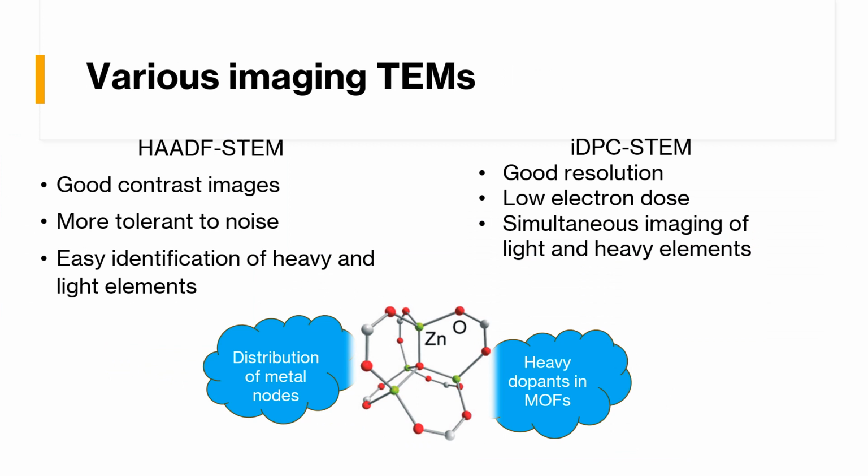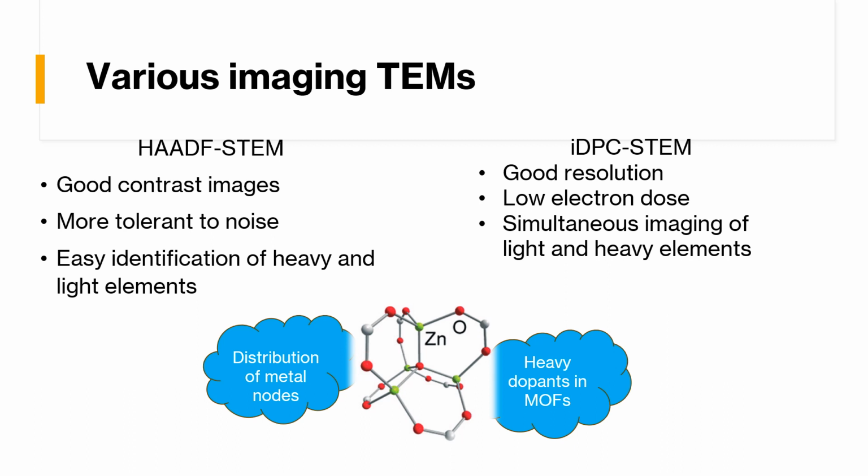Further, we have various imaging techniques like HAADF, the high angle annular dark field technique, and the second is the integrated differential phase contrast technique. They all have good resolution, good contrast, and good tolerance to noise. Since HAADF images at high angle, it is able to give good contrast and differences in imaging of high and lighter elements.